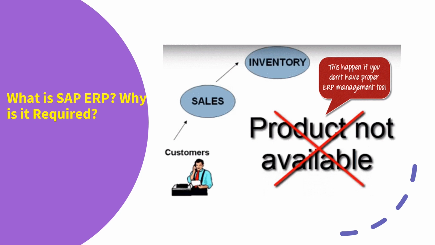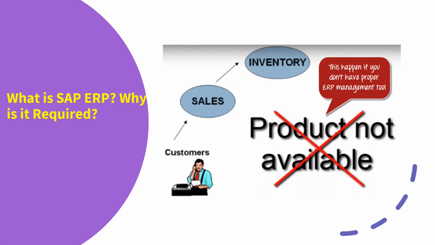Suppose, as you can see in the chart, a client approaches the sales team asking for a particular product. The sales team contacts the inventory department to check the availability of the product, but the inventory team finds the product is out of stock.